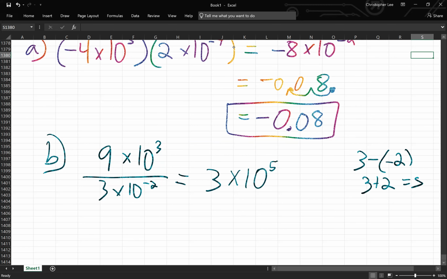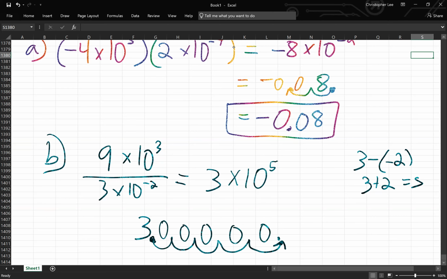They wanted it in like a whole number form, right? So I have a 3 with a decimal here. And where am I going to move that decimal? Left or right? To the right. We're gonna move it 5 spaces. So I got 1, 2, 3, 4, and then 5 right here.